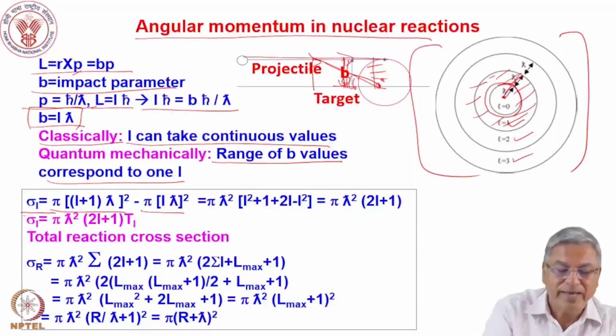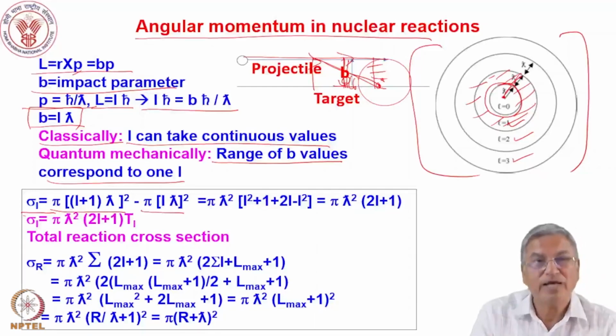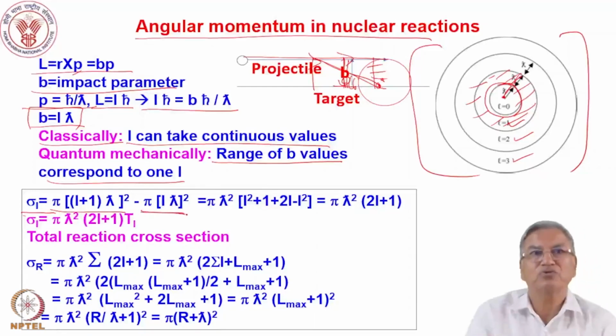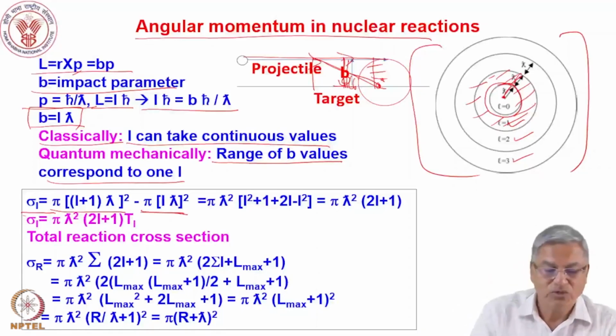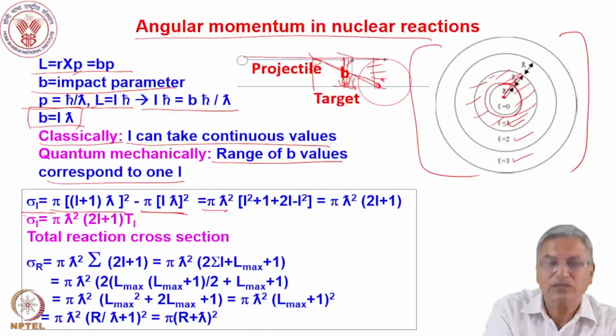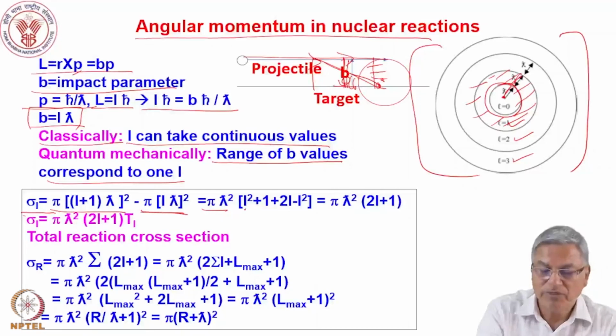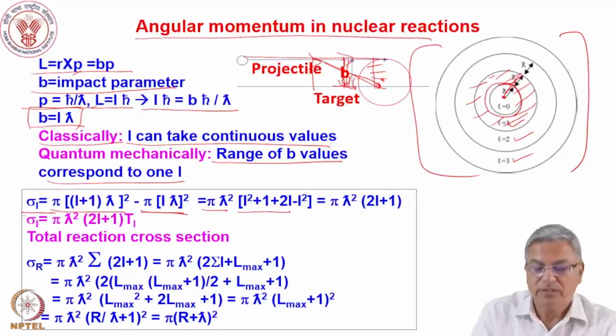So pi into L plus 1 lambda cross square minus pi L lambda cross square, where L lambda cross is the impact parameter. You can take pi lambda cross square out, and you are left with L plus 1 square minus L square, that is L square plus 1 plus 2L minus L square. So it will be pi lambda cross square into 2L plus 1.